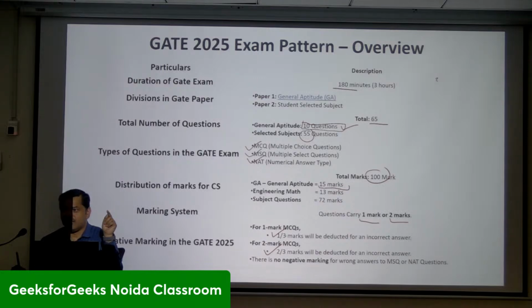So that wrong answer is not only penalizing that particular question, it is also penalizing your correct answers. So attempt as much as possible, but maximum correct. If you are dicey in any particular question, it is better to leave it. And there is no negative marking for wrong answers in MSQ or numerical answer type questions.